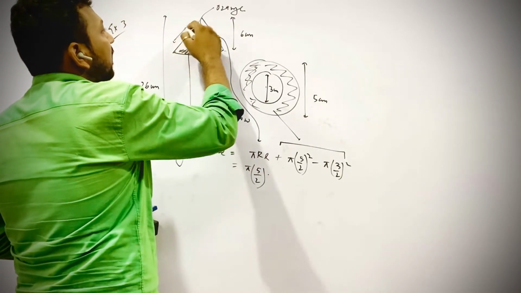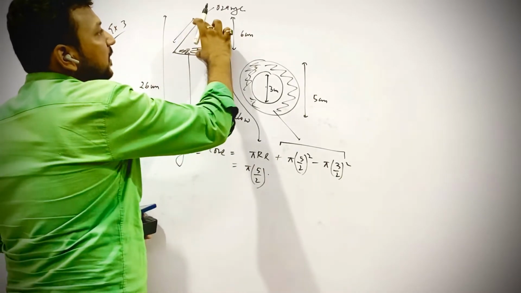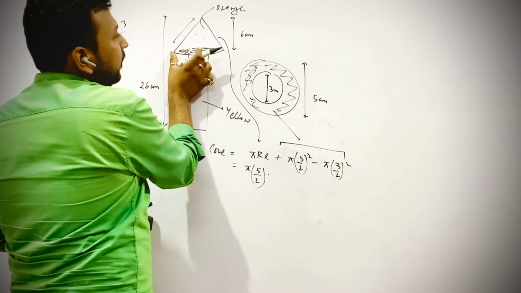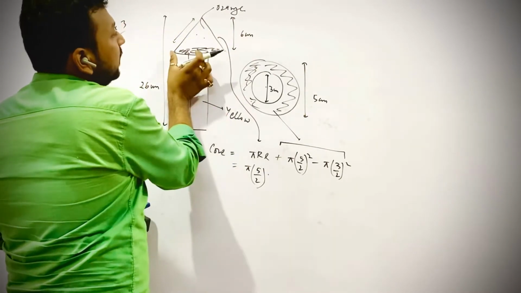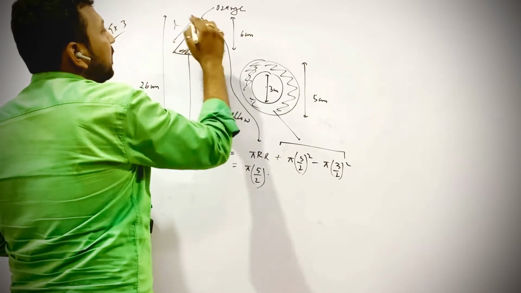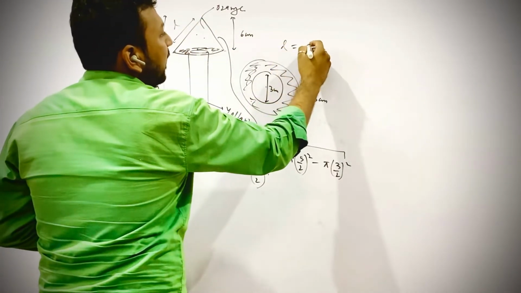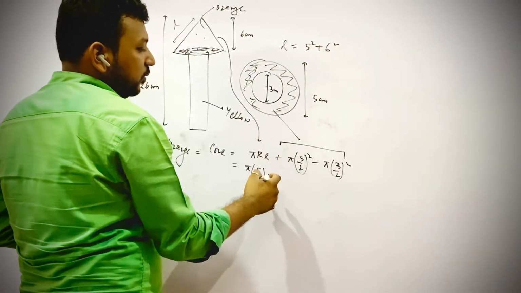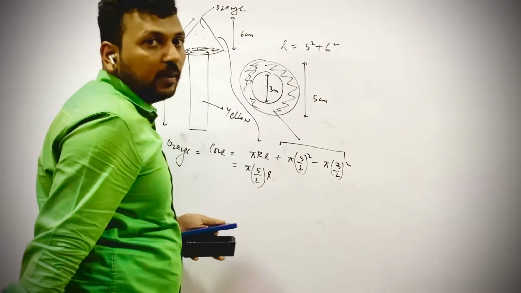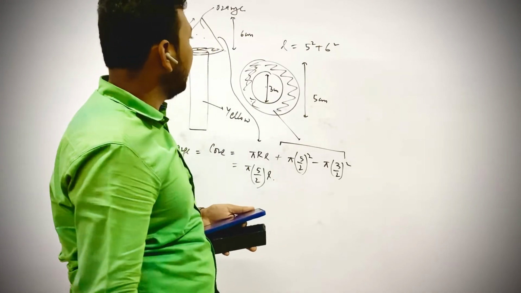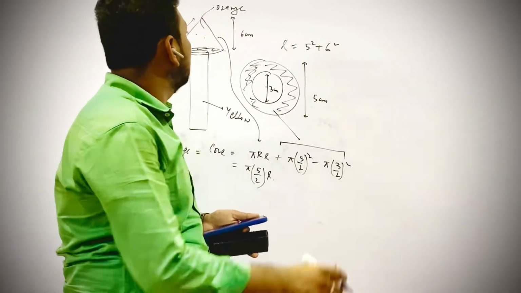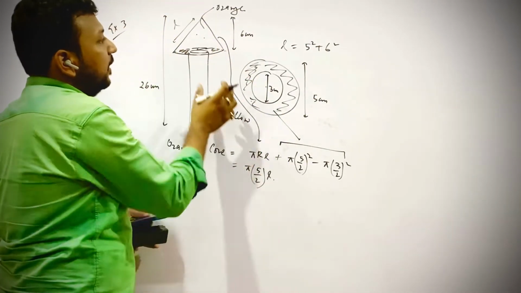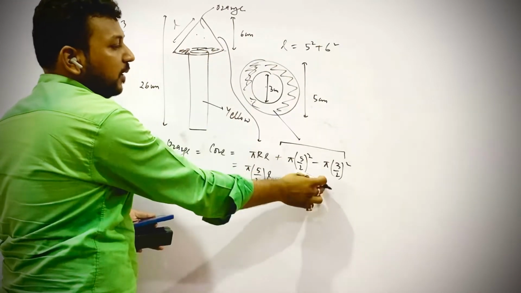The slant height you have to calculate. This is 6 and this is 5, right? So how much is the length? The slant height is the square root of 5 square plus 6 square, right? So you can use it here and then calculate. I hope it is understood. So this is the curved surface area and this is the shaded portion area.